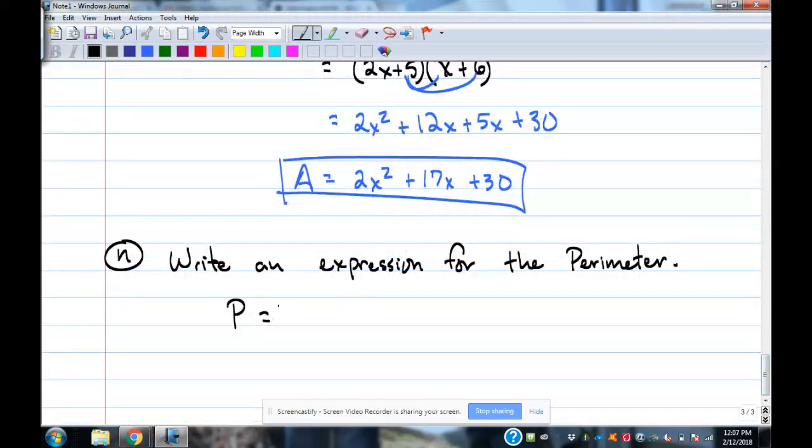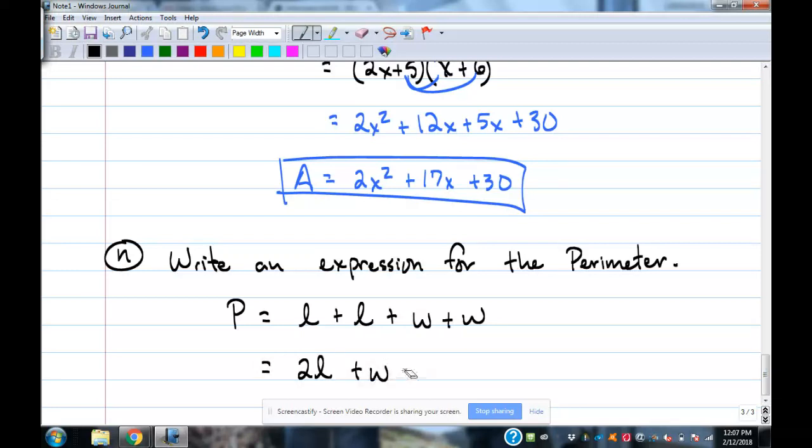You could add up all the sides, so you could say length plus width plus width. That's adding up all the sides. And we know that the length is 2x plus 5, and the width is x plus 6, and you plug that into place. Or you could do this.